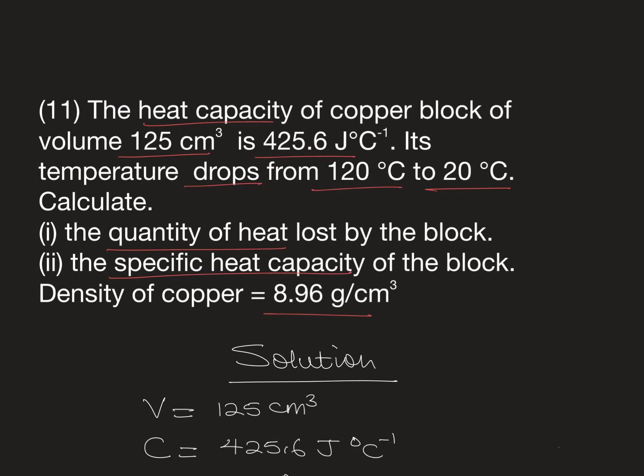And if we are dealing with a cooling process, the change in temperature has to be the initial temperature minus the final temperature, okay? Which is the opposite of a heating process. For a heating process, the change in temperature is the final temperature minus the initial temperature. So remember, for both cases, it is the higher temperature minus the lower temperature.